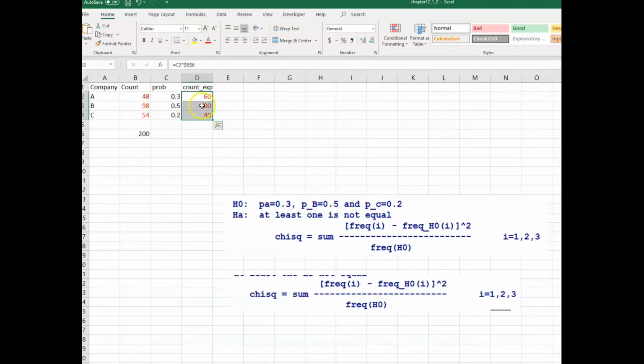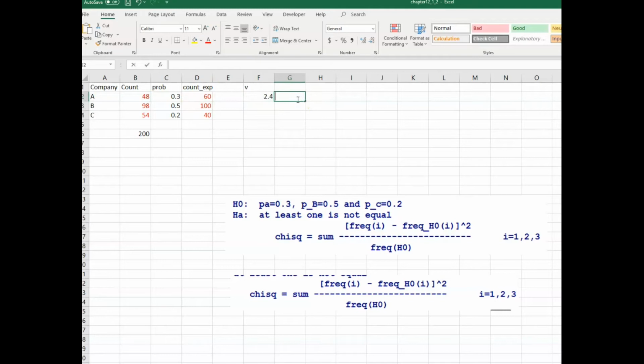Okay, observed, expected. So according to this formula, okay, so this is 1. So for the A, so let's calculate. I can just copy. Okay, so this is our observed minus expected. Okay, the power is 2 divided by expected.